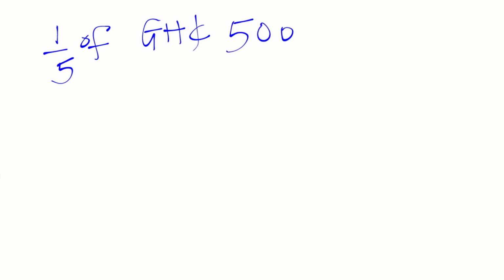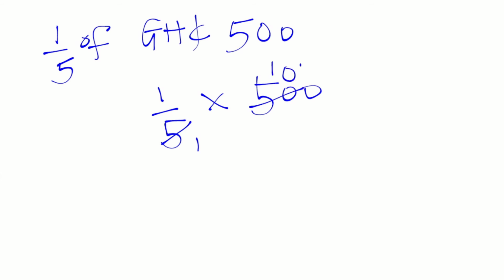We know that if we are finding a fraction of a quantity, we multiply the fraction by that quantity. So we do 1 over 5 multiplied by 500. 5 goes into itself 1, it goes into 500, 100, and so 1 over 5 of 500 is 100 Ghana cedis.